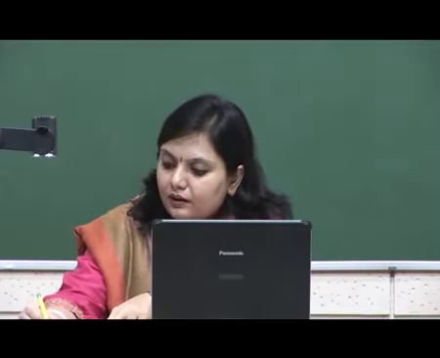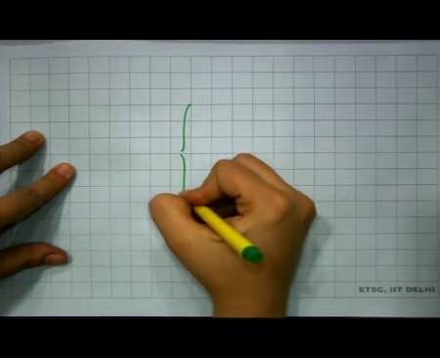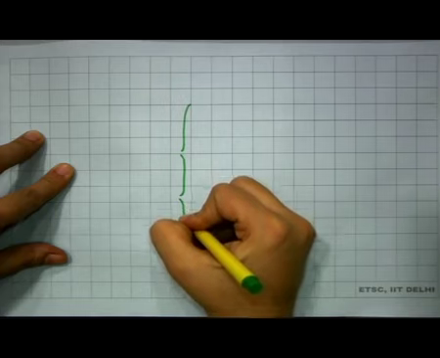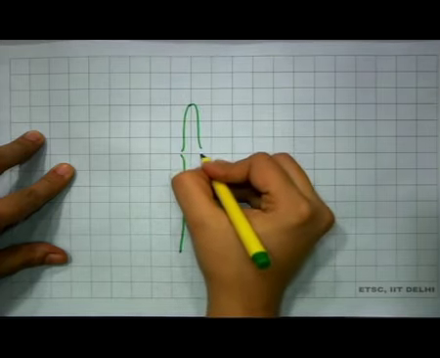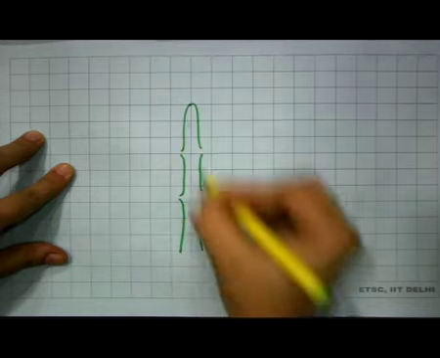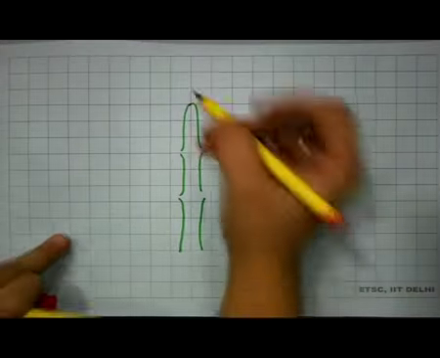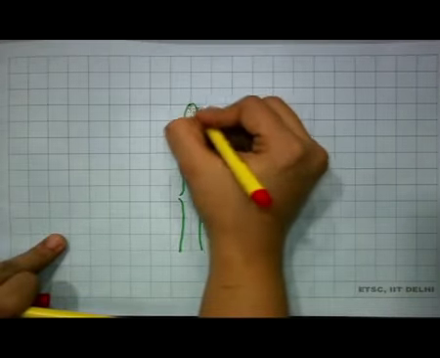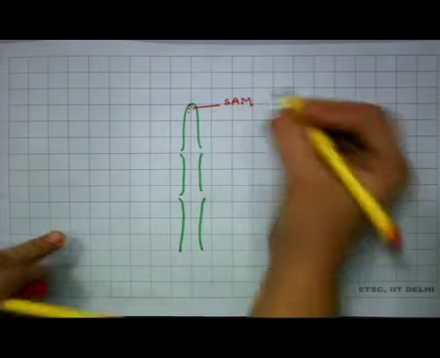When we draw the meristems, we draw them like these. So, here I have shown the apex. I can draw the apical meristem here. This can be the shoot apical meristem, SAM.